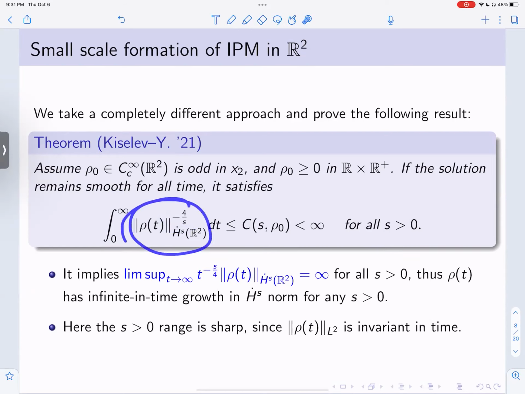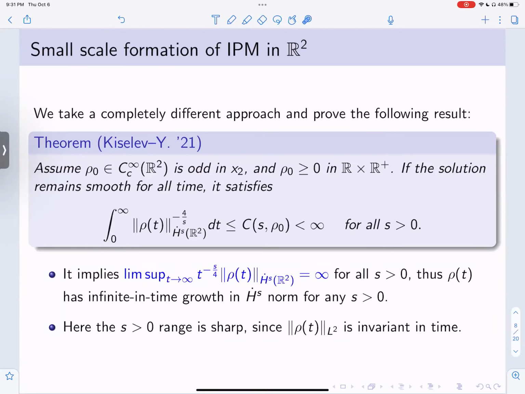So if this quantity is tiny, it means that the HS norm itself has to be huge. By comparing this integrand with 1 over t, one immediately gets that if this integral is finite, the HS norm has to grow to infinity at least as a power function, with the power t to the s over 4.